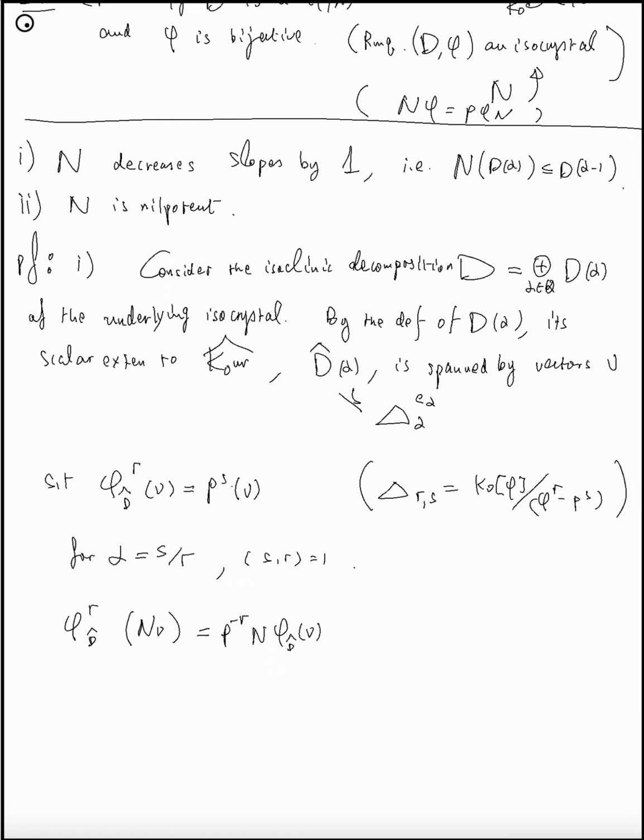It's by iteration, and of course here it is again r. Because phi to the power r of v equals p to the s of v, this is again p to the minus r N p to the s v, and so this is p to the s minus r N v. This is the relation of phi power over N v and p power over N v.